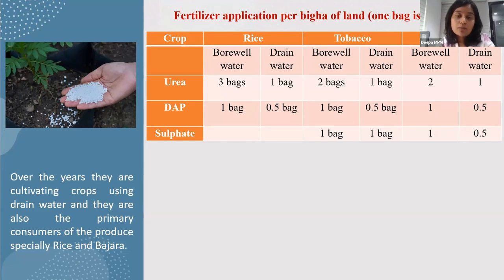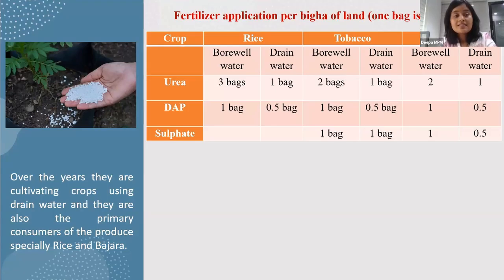And the other thing is, farmers don't want to take any risk when it comes to fertilizer application, because they are already given so much subsidy. So that is why uniformity in the application quantity is not seen everywhere.